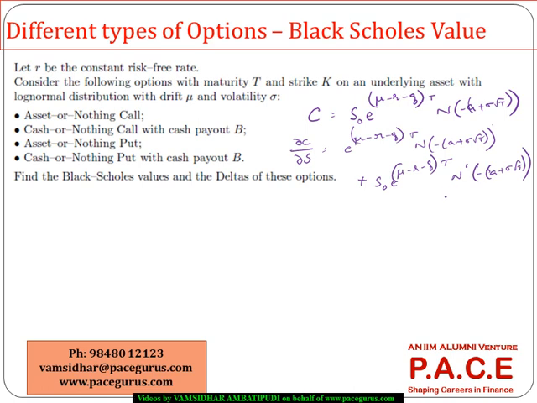And I find whatever the derivative of whatever a I have taken, log S naught by K. Now this part will become equal to 0 when I am doing a derivative with respect to S, which means it will end out as S naught into e power mu minus r minus q times t. So this is a delta for all or nothing kind of a call.